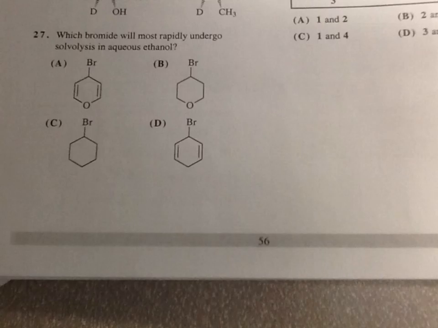So, solvolysis in aqueous ethanol. No idea what that solvolysis is, but I know what ethanol is. So with that kind of solvent, what kind of reaction would I expect?